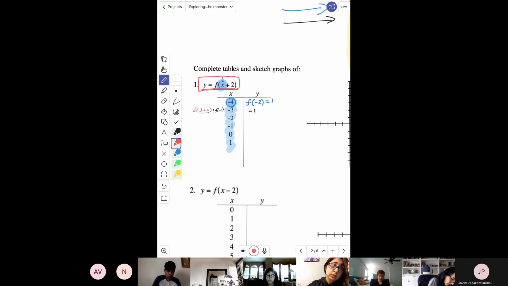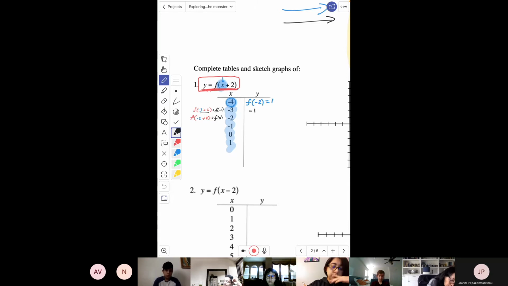If I want to evaluate f at this x using this function, what am I really evaluating? F at... if I substitute -2 in for x, what am I really looking at in my original graph? 0.